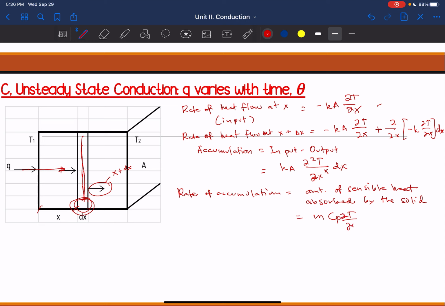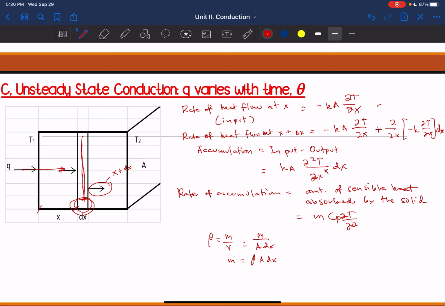And this is equivalent to your MCP partial T partial theta. And take note that if I get my density, that is M over V, or your M times area dx, right? Or from this equation, I could get M to be area times density A dx. Okay?